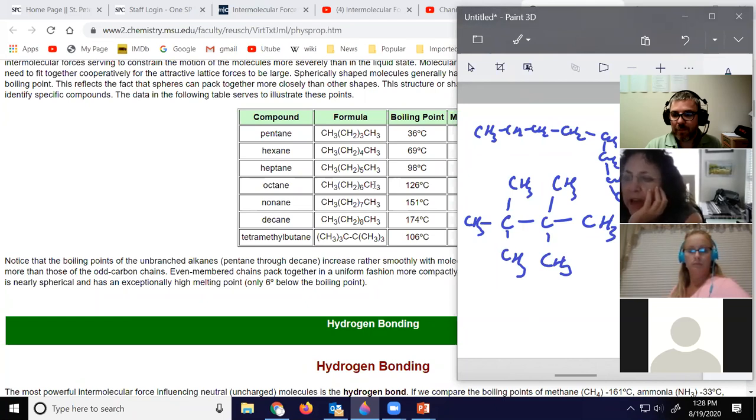I still don't get how you know that these were in a row and these weren't. No, just from the way it's laid out, CH3, then 6 CH2s. The only way that you can lay that out is all in a row. Whereas this one here has C with 3 CH3s on it.